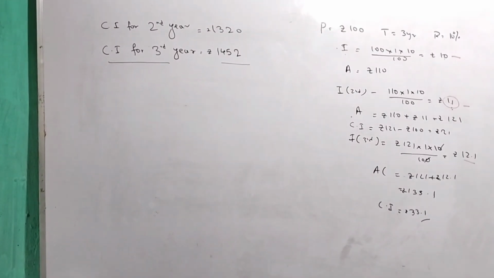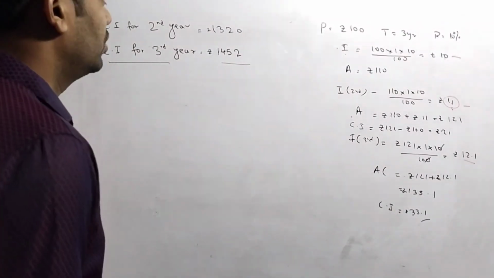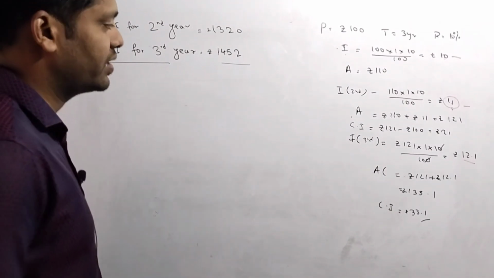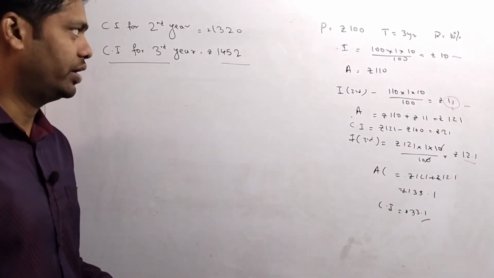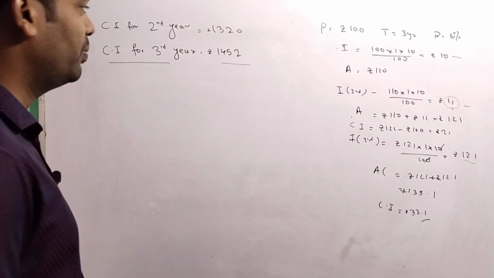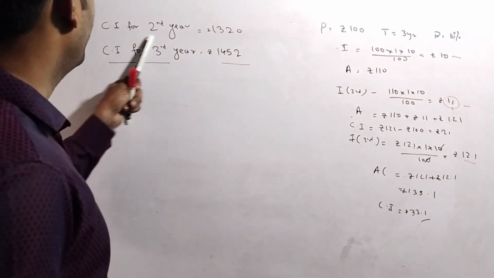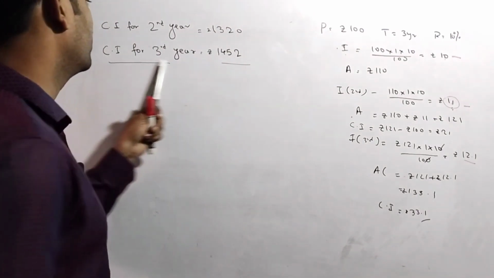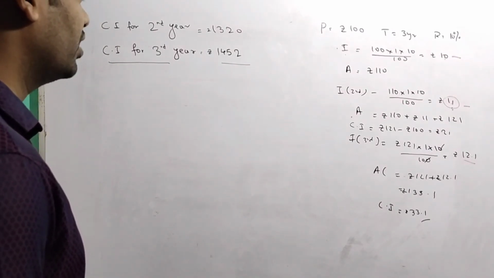So we have calculated the rate of interest. Now it's about finding out the principal. In the previous case we again used the simple interest formula and calculated, but in this case as they gave me compound interest, I will mostly prefer to do it by the compound interest formulas only. But they gave me compound interest for 2 year, compound interest for 1 year, third year, second and third.